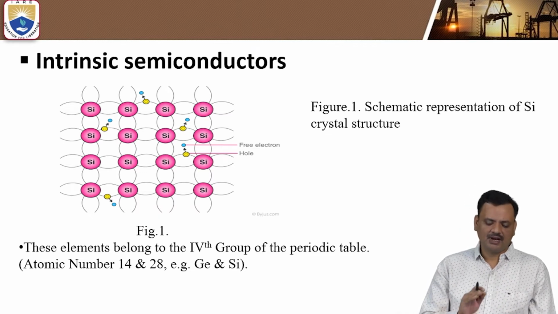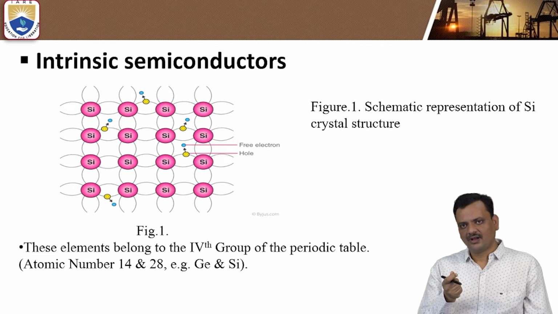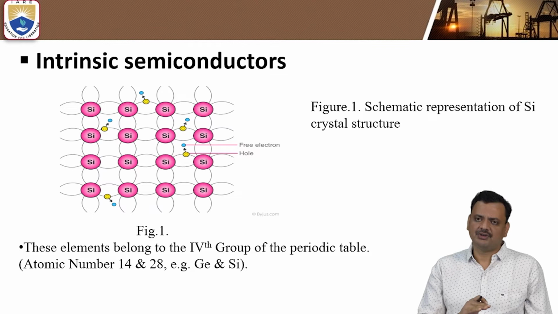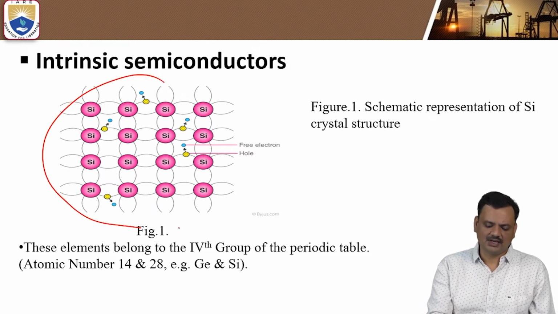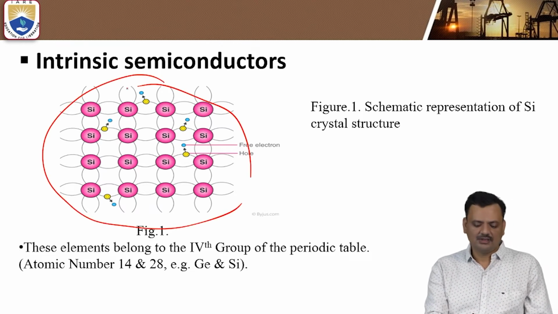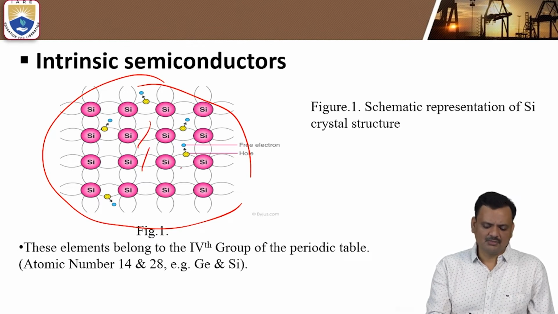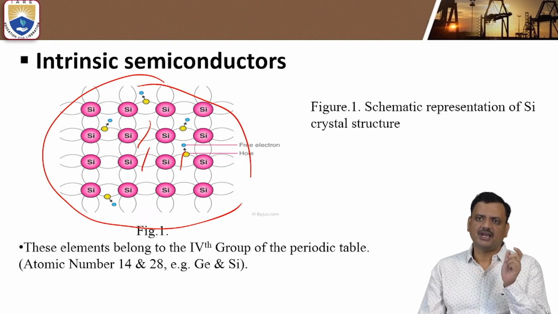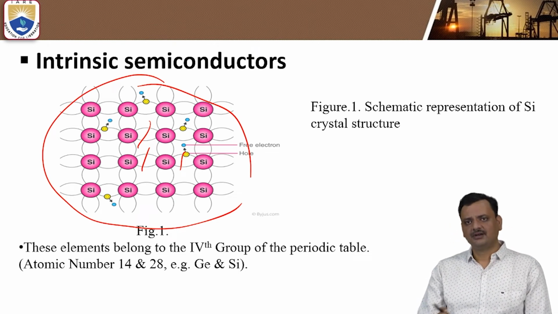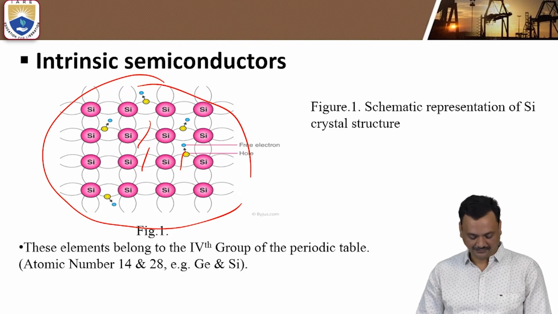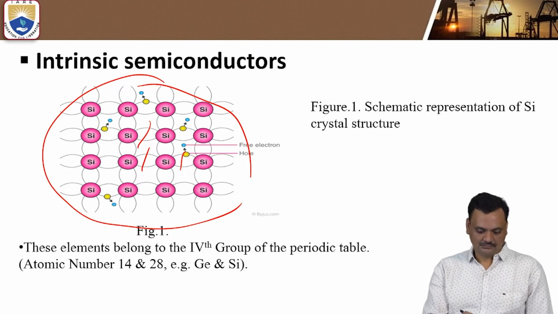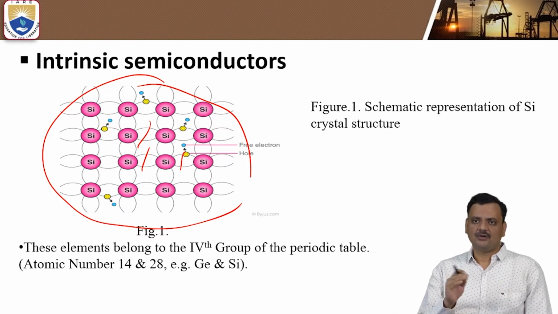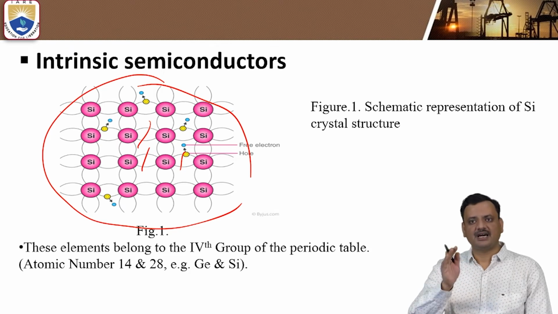Okay. But due to temperature, suppose we increase the temperature of this pure silicon lattice, some covalent bonds will break inside the lattice, and this breaking of covalent bonds will be helpful for generation of electron-hole pairs, free charge carriers.